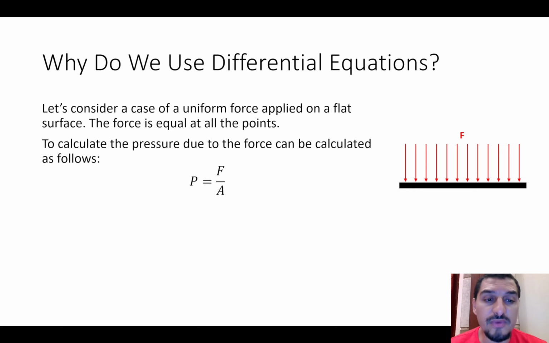If we have a tool that can measure the pressure at each point here, you will find that the value we measure is the same as the value we calculate by dividing the force over the whole area.